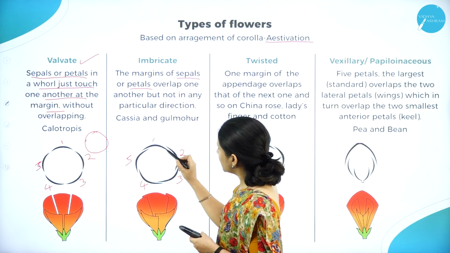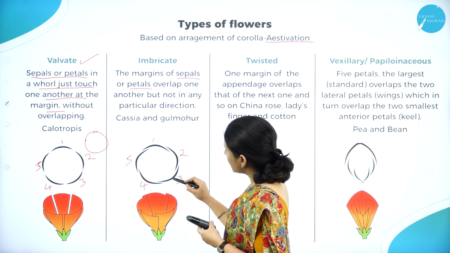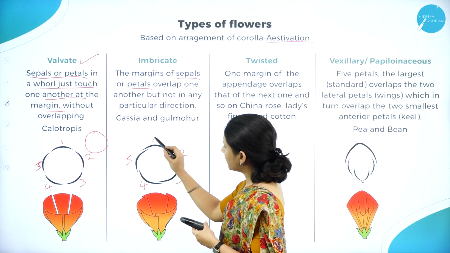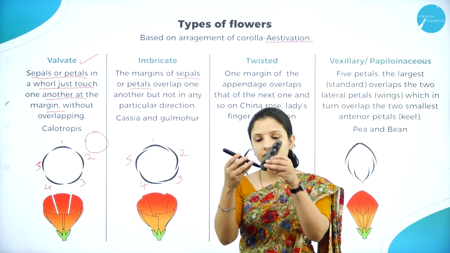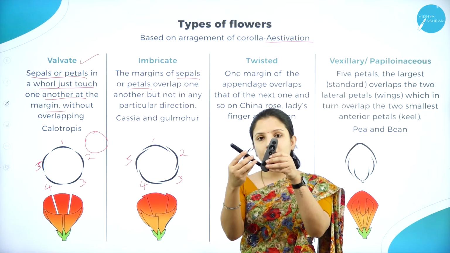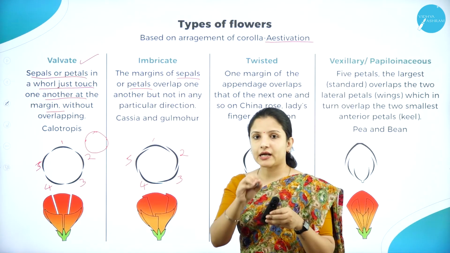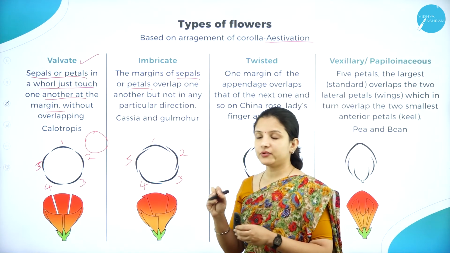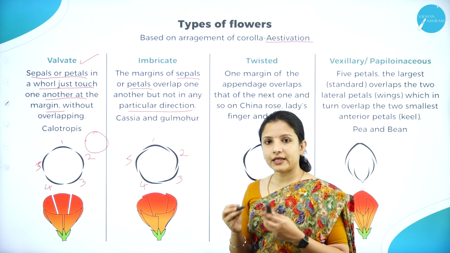So what happens here? 1 and 2 are overlapping, 2 and 3 is overlapping, then 3 and 4 is overlapping, and 5 and 1 is again overlapping. So just in one direction, if one petal is overlapping like this, the other one will also overlap like this, the other one also like this. So in one particular direction, the overlapping of the petals will take place. So such is called as the imbricate estivation.